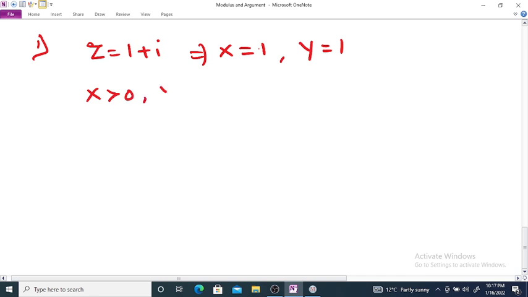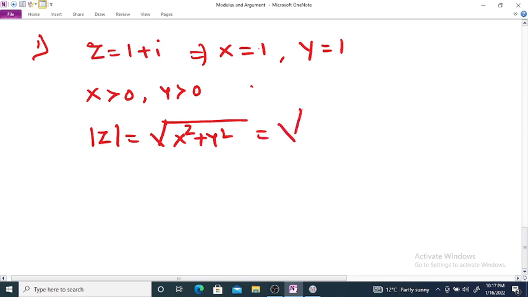So if we take a simple example here, say the complex number z is equal to 1 plus i, then the real part of z is 1 and the imaginary part is 1. So x is positive and y is also positive, so the given complex number lies in the first quadrant. And here the modulus of z is equal to under root of x square plus y square, which is equal to under root of 1 square plus 1 square, which is equal to under root of 2.